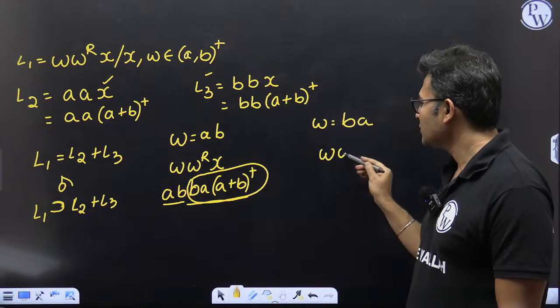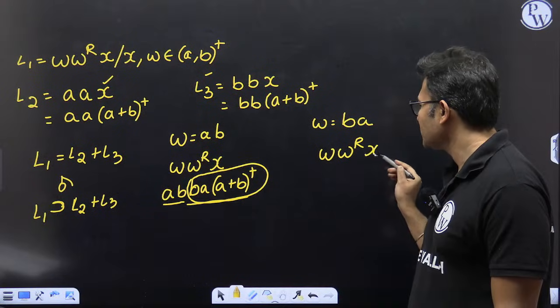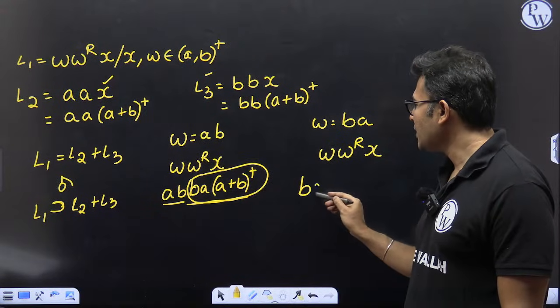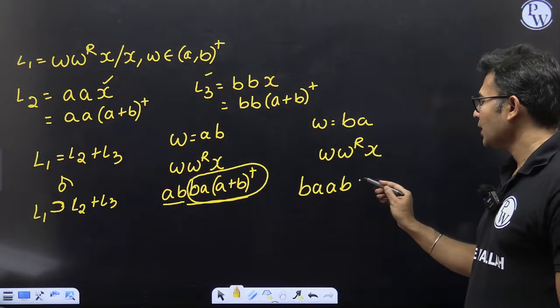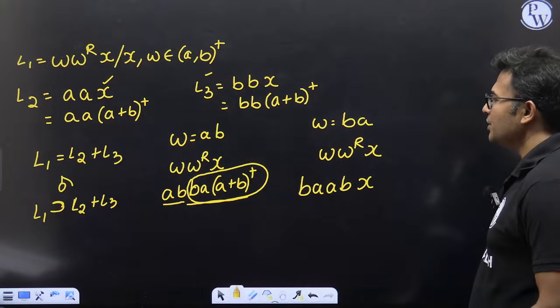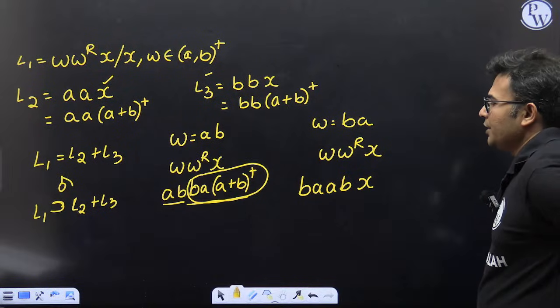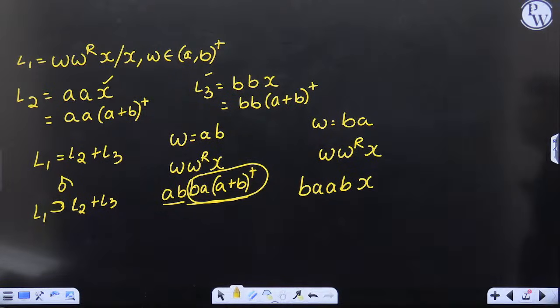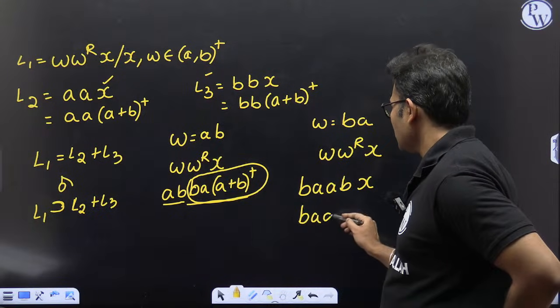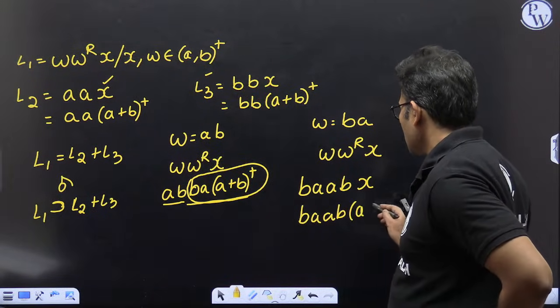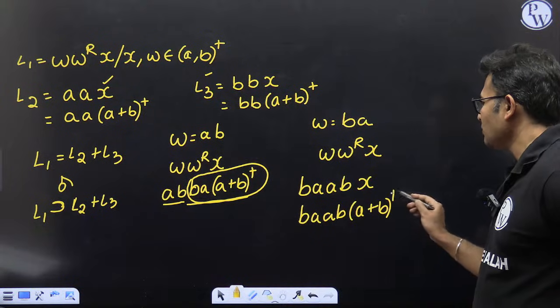Similarly, if you take W equal to BA, then what do you get? W^R X is going to be BA, AB, X. Now it is BA, AB, (A plus B) whole plus.